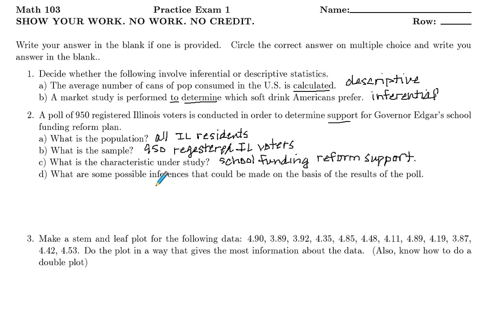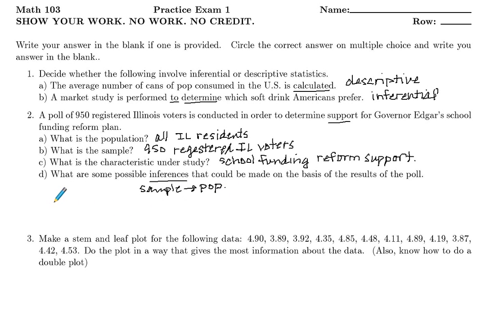And then, what are some possible inferences that could be made? So for an inference here, you're going to generalize. You want to go from the sample, gather information about the sample, and generalize to the population. That's the key idea of inferential statistics.